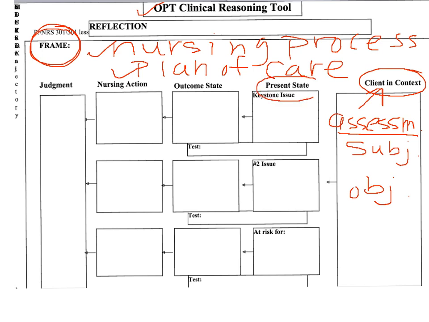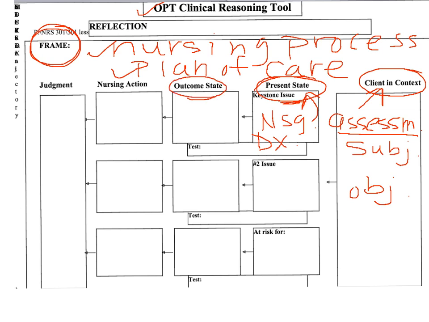Another OPT word is present state issue. In the nursing process language, a present state issue is a nursing diagnosis. Okay, so just know that those two are synonymous. The nursing diagnosis means the same thing as present state issue.